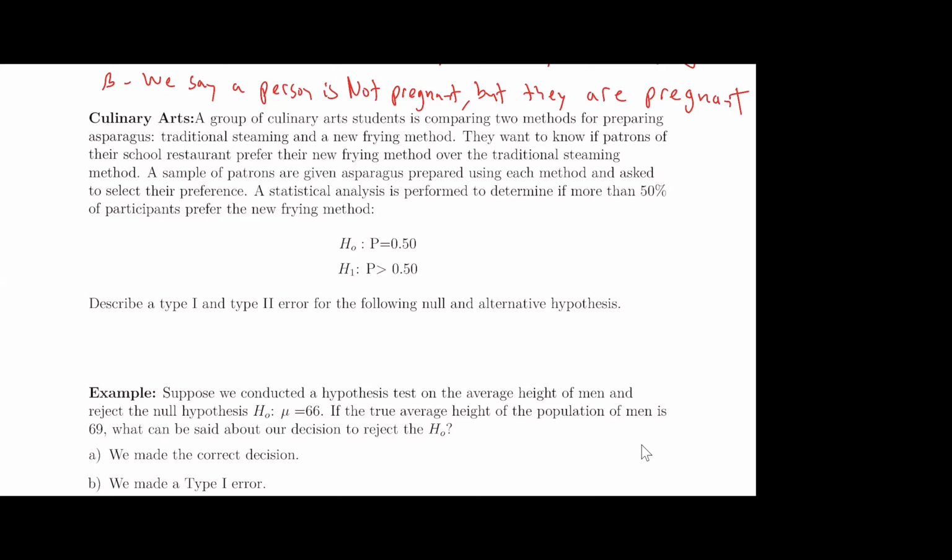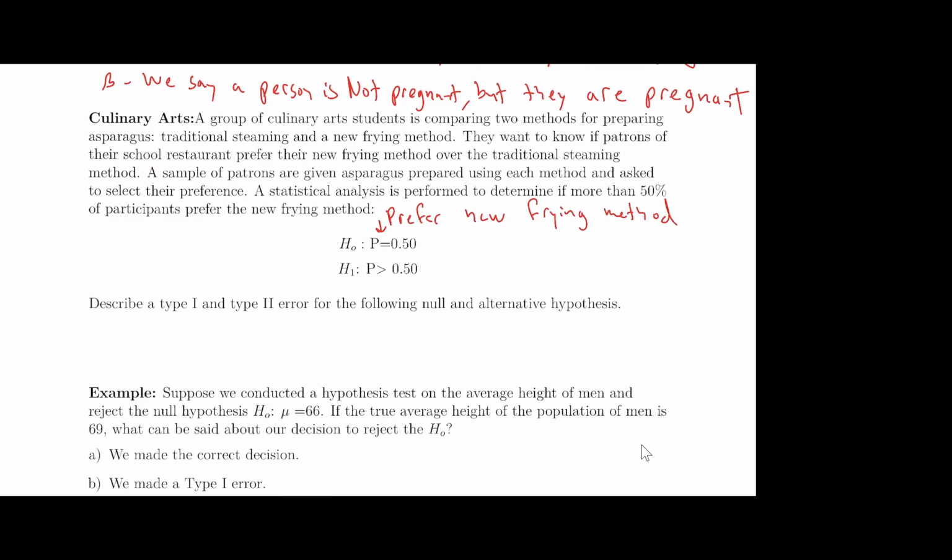So if you look right here, this is for prefer new frying method. It says p is equal to 0.50, because we're saying not the majority, since what we want is for the majority of the people to prefer the new frying method.